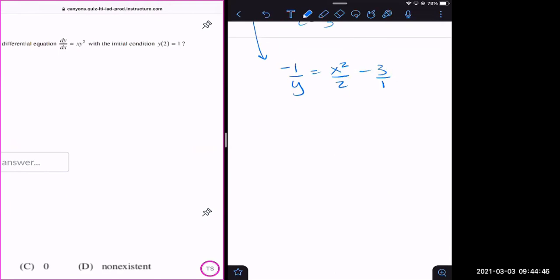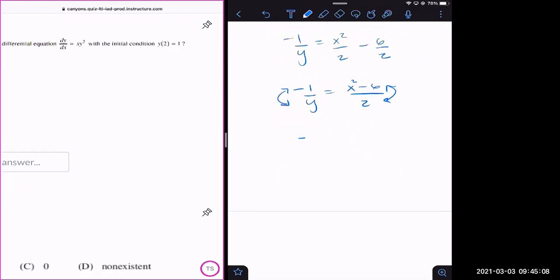So I'm going to multiply the 3 top and bottom by 2. So I have -1/y equals x squared over 2, and then this would be 6/2. Because if I can write that side as one fraction, then I can flip this side and flip that side.